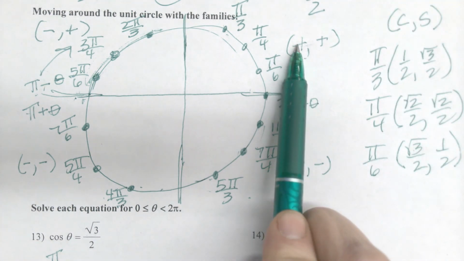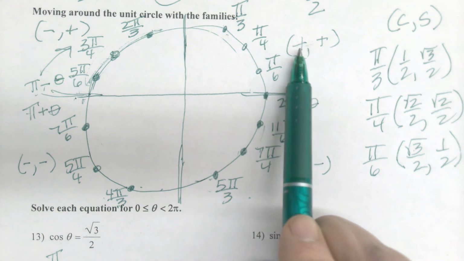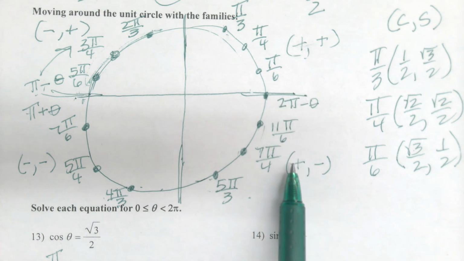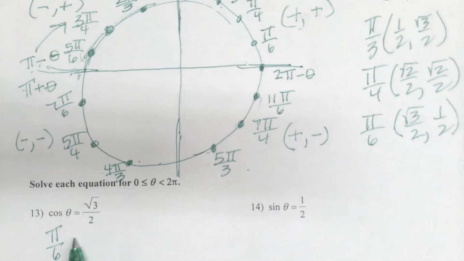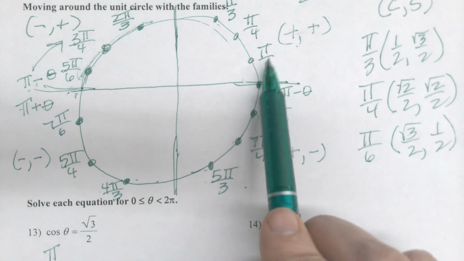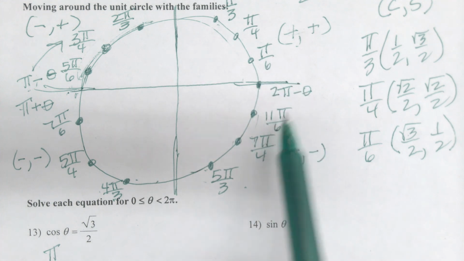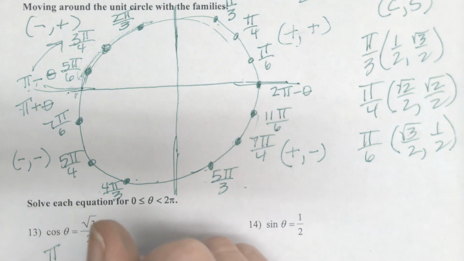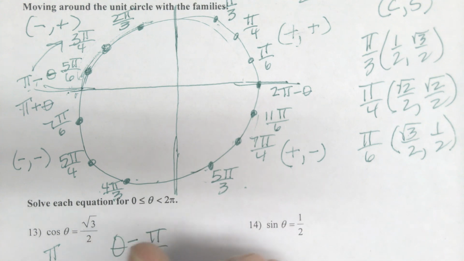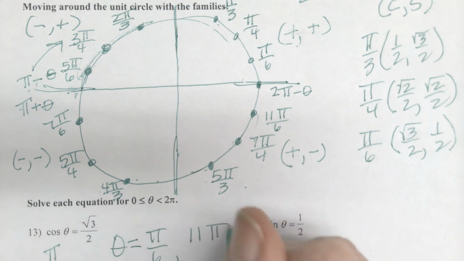When is the cosine positive? It is positive in the first quadrant and in the fourth quadrant. So my pi over 6 answers are the first quadrant pi over 6 and the fourth quadrant pi over 6. So I say theta equals pi over 6 and 11 pi over 6.